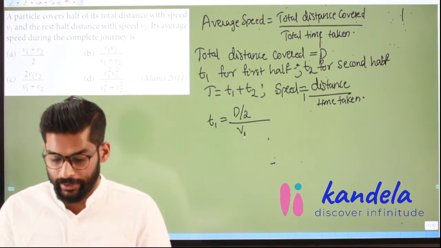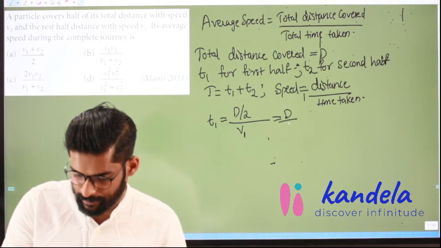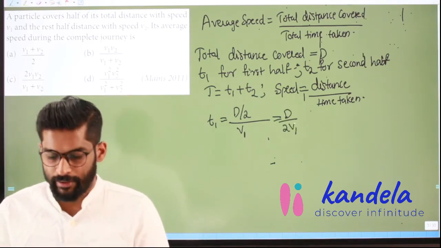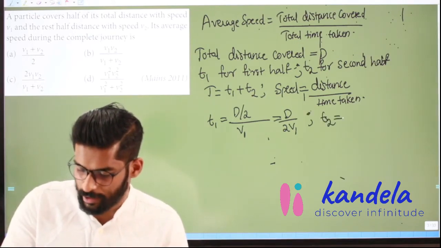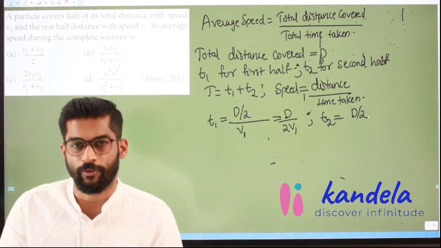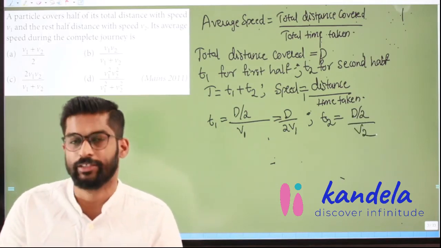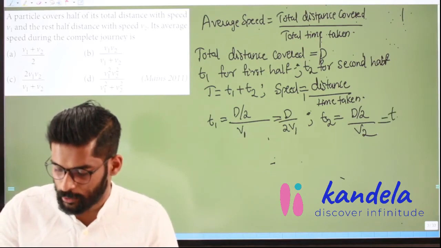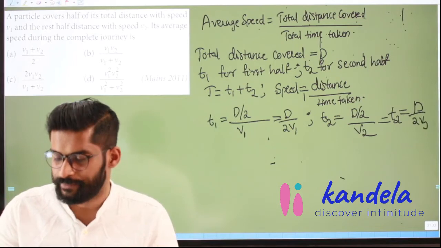So I can write t1 as d by 2v1. Similarly, the distance covered in time t2 is also d by 2, but the speed with which you are traveling is v2. Therefore, I can write t2 as d by 2v2.